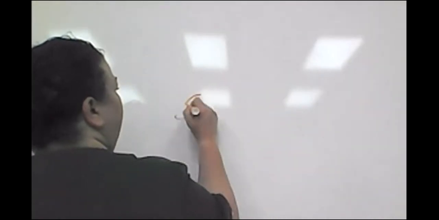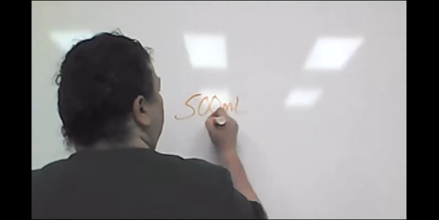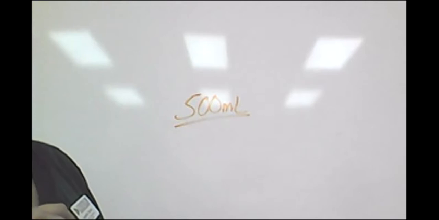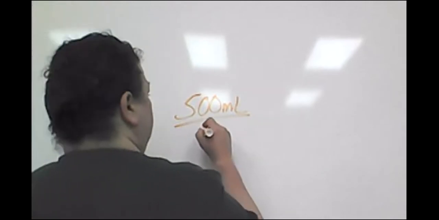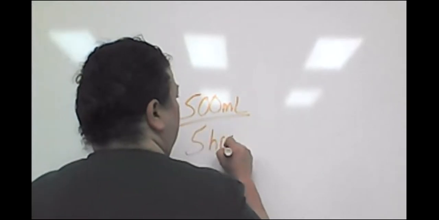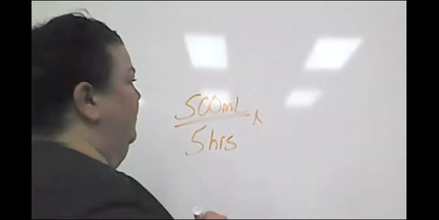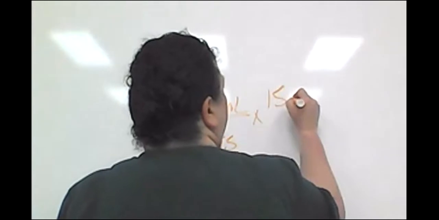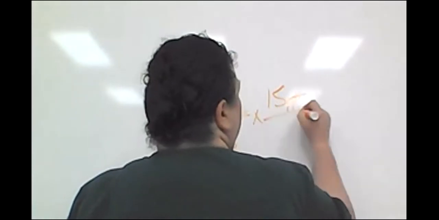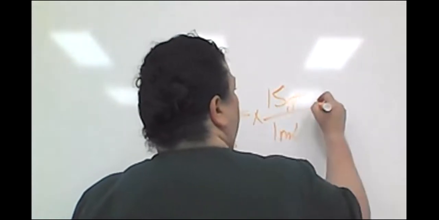They tell us already in milliliters what is being administered, and that's 500 milliliters. And we are administering this over 5 hours. My drop factor is 15, so that means that we are delivering 15 drops for every 1 milliliter.